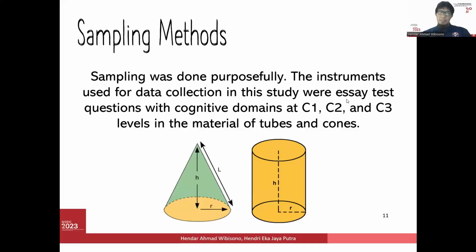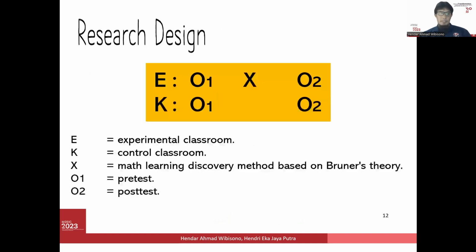The instrument used for data collection in this study is an essay test. So we're using essay test questions with cognitive domain at C1, C2, and C3 levels in the material of tubes and cones. We only give two cases. First about tubes and second about the cones.